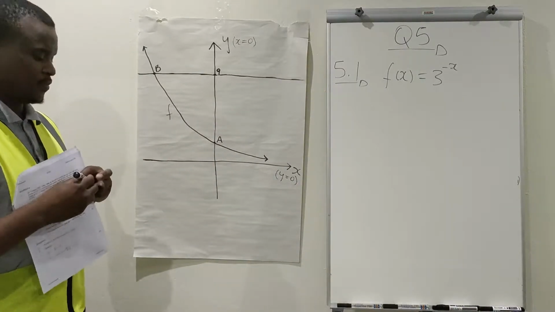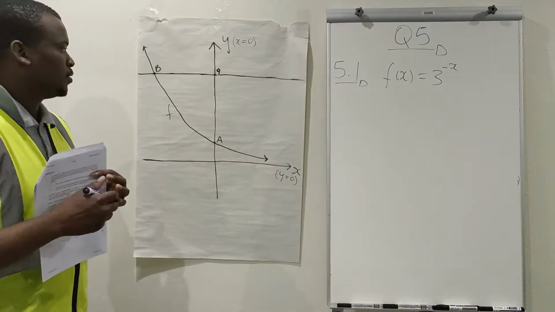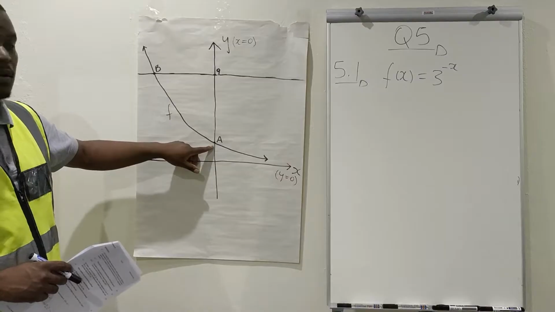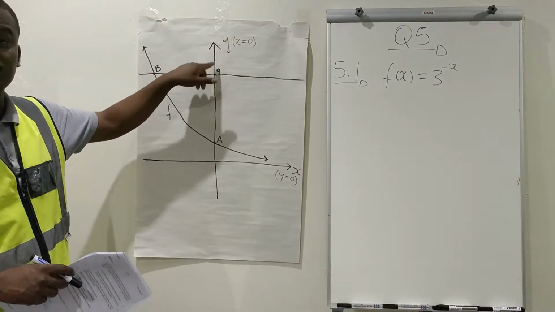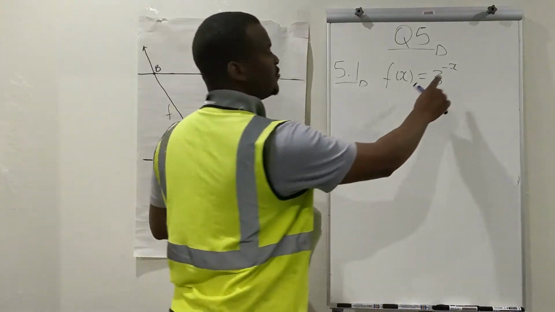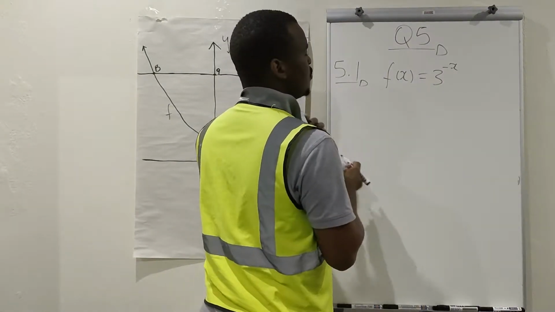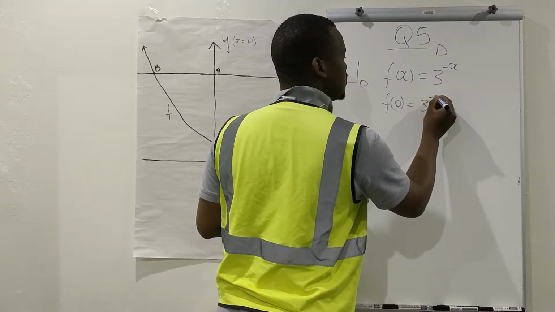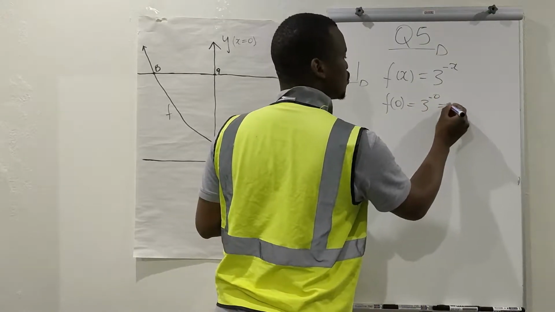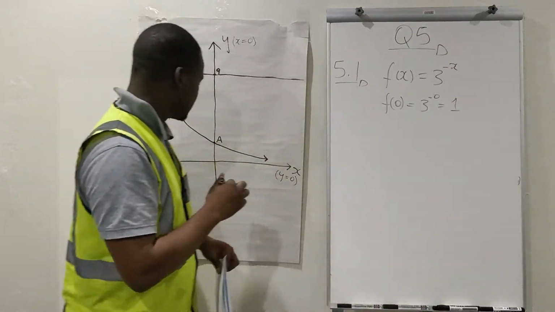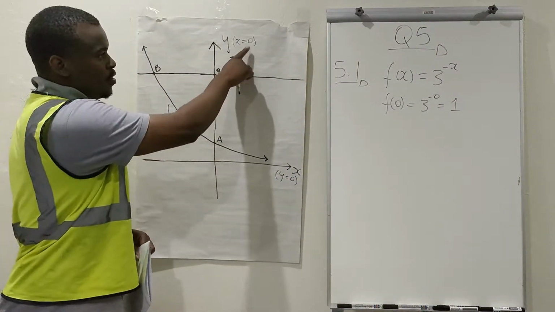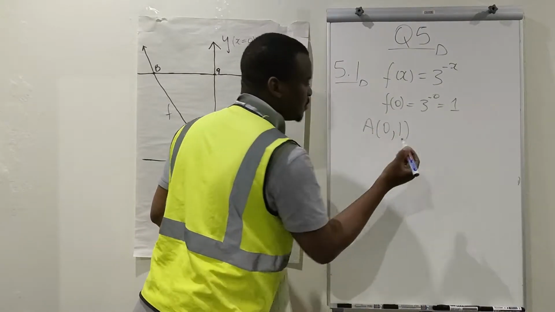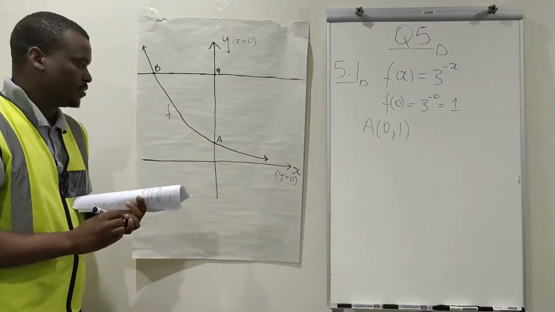At this point, you know that your x is 0. Then the only thing you need to find is the y value here. So if x is 0, f(0) is equal to 3 raised to negative 0, which is equal to 1. So the coordinates of A are (0, 1). These are the coordinates of A.